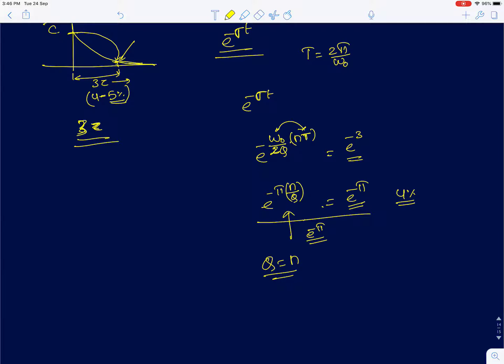So if I just monitor the number of cycles by which the amplitude becomes 4% of its initial value, that number of cycles will be equal to the Q of the circuit.